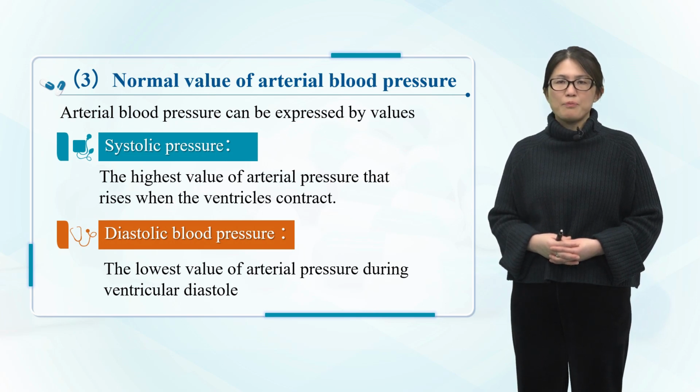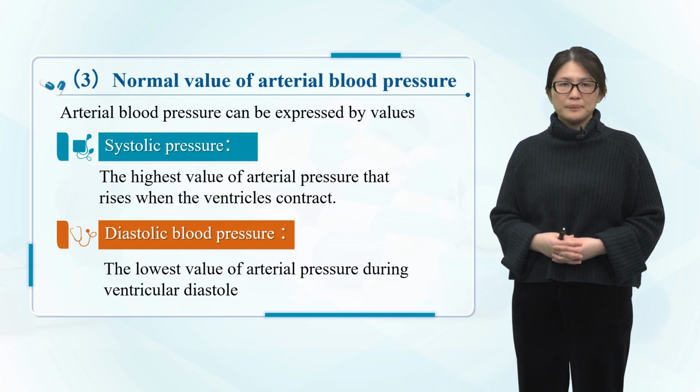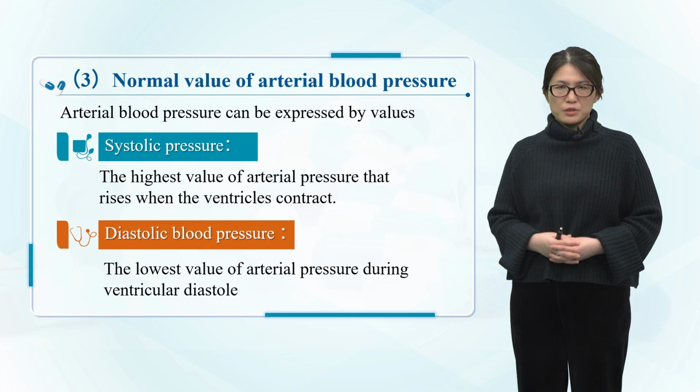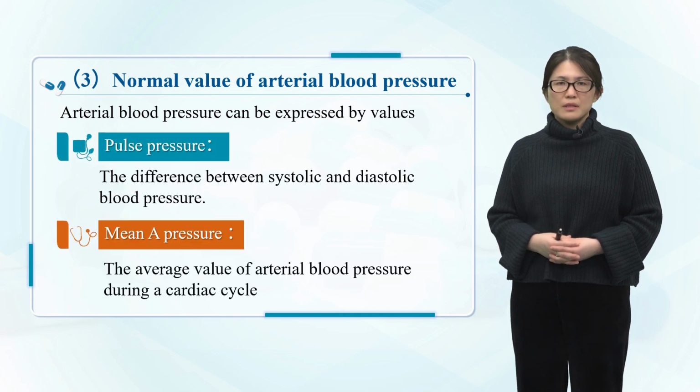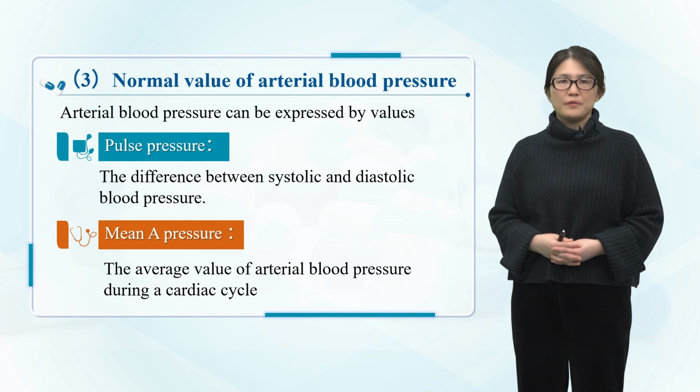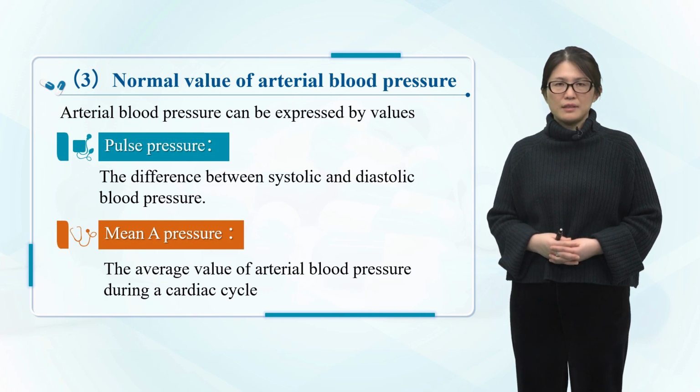Diastolic blood pressure refers to the blood pressure at end-diastole, when arterial blood pressure reaches its lowest value. Pulse pressure refers to the difference between systolic and diastolic blood pressure.